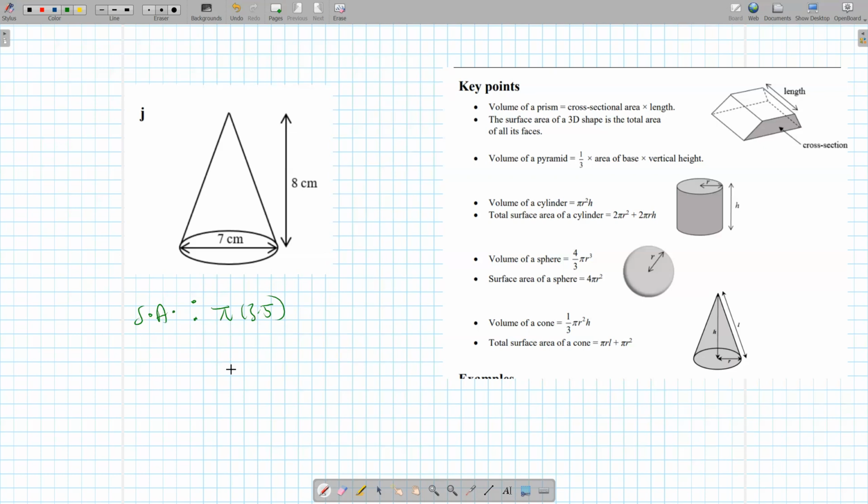The diameter, so 7? No, length is not the diameter. Length is something called the slant height. It's in fact the hypotenuse. Look at this. In this cone, 8 is the height, and it makes a right angle. We know the radius is 3.5. If the bottom is 3.5 and the height is 8, what's the hypotenuse?